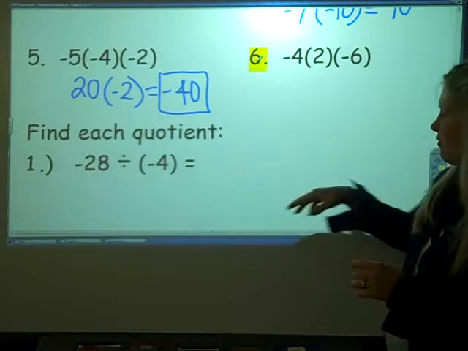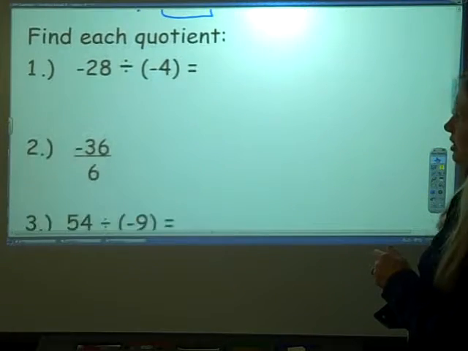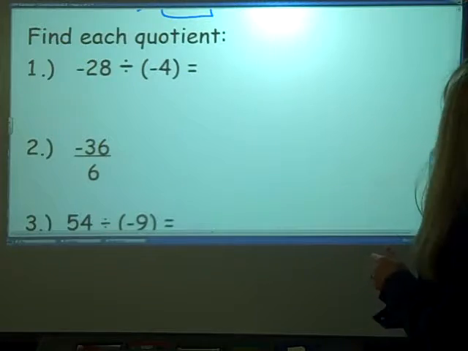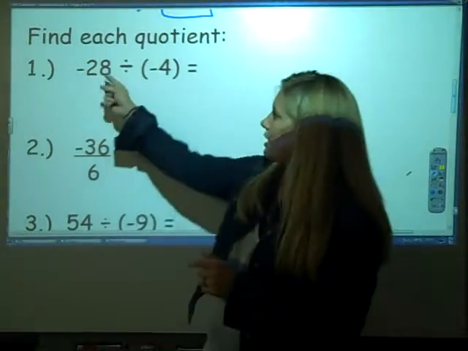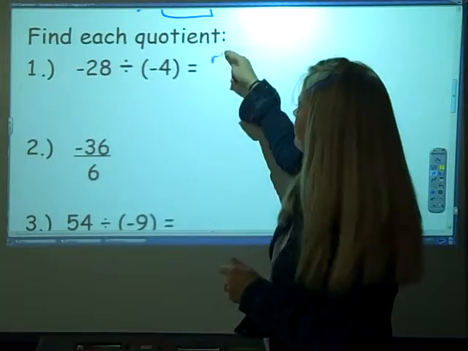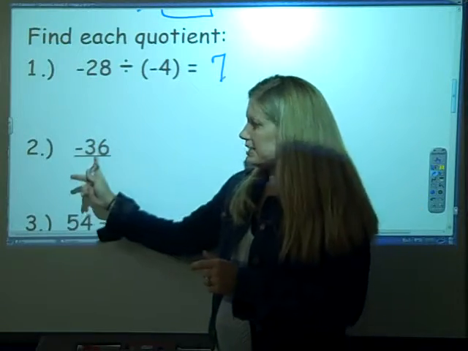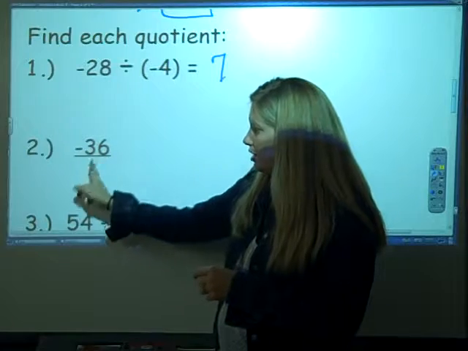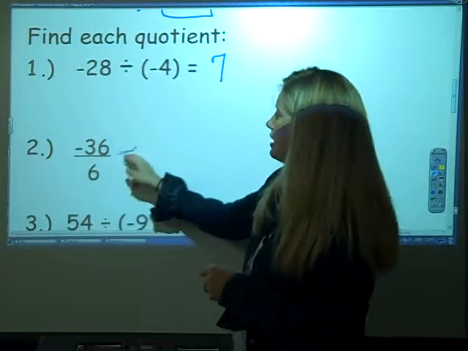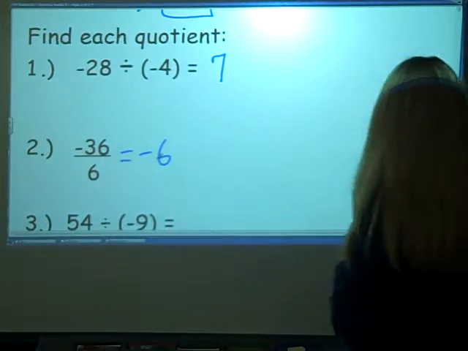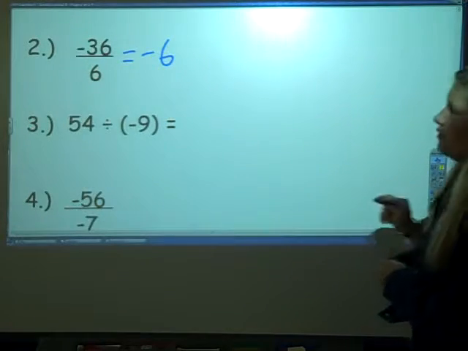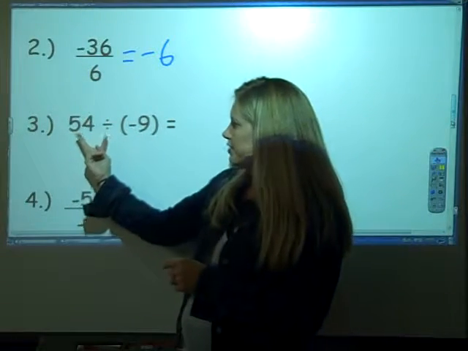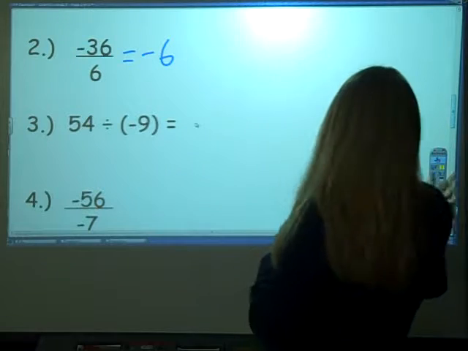Now we'll do some quotients, finding some with division. Same sign, so we know it's going to be a positive answer. 28 divided by 4 is 7. Different signs, this is just another way to write division. Looks like a fraction, but it also means negative 36 divided by 6 is negative 6. 54 divided by negative 9, different signs, negative answer.